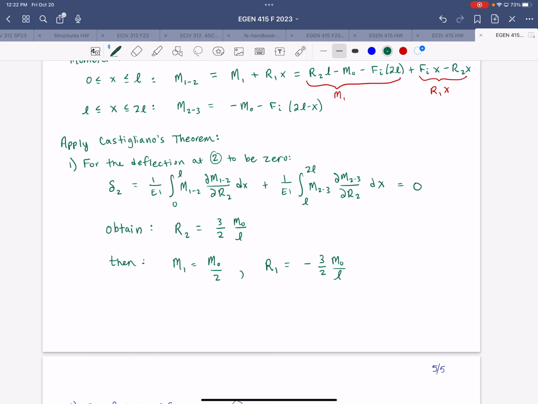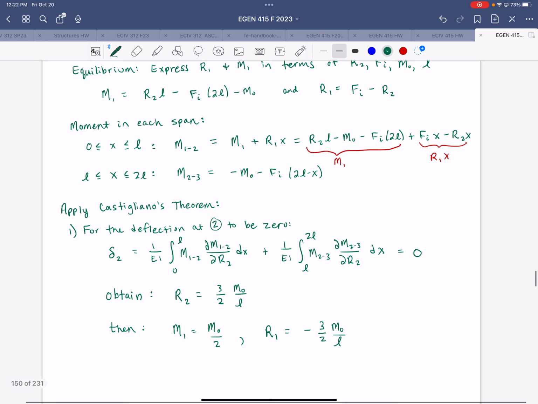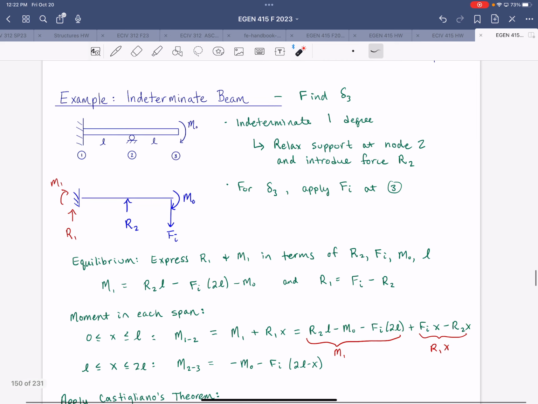Questions? Could you have used a different force than R2? Not for the deflection at 2. Oh, you mean up here, like when we chose to relax R2? Yeah. Whatever you want, absolutely. You could have chosen to relax the moment at 1, essentially turning this into a pin support, and then you'd have R1 and R2 as your reaction forces that you would solve for in terms of M1 and M naught.